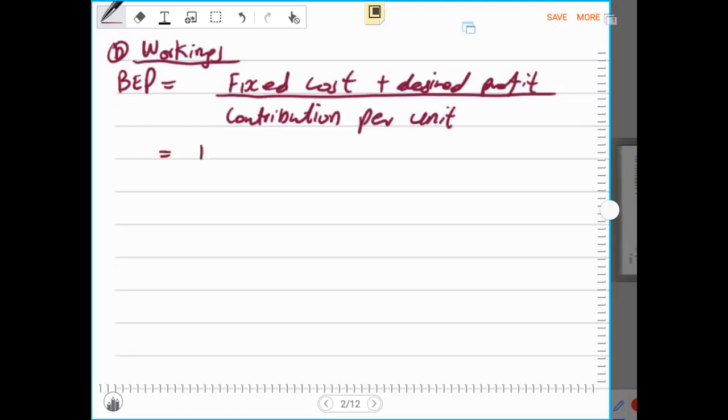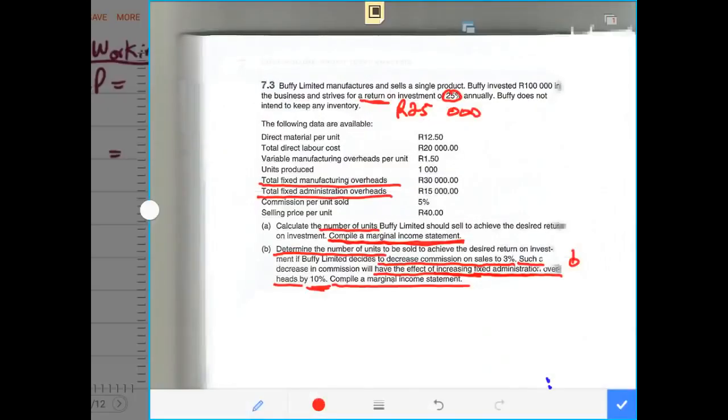And now our total fixed costs are expected to change, because we heard that our fixed administration will increase by 10%. So that means our total administration cost of 15,000, we need to times this by 10%.